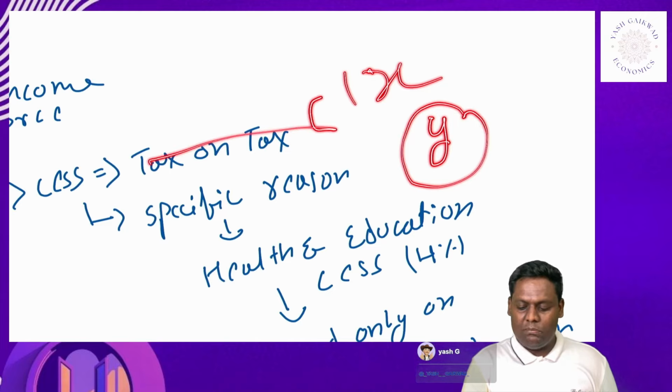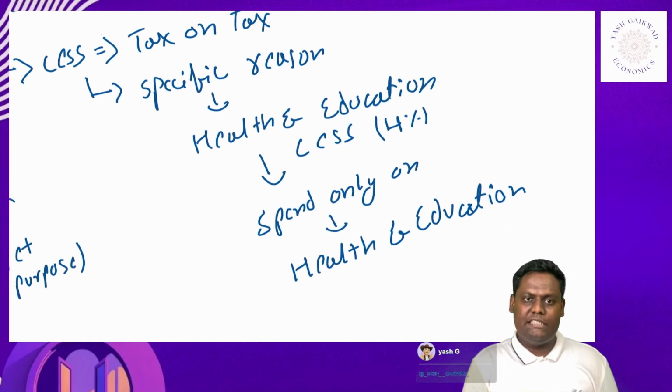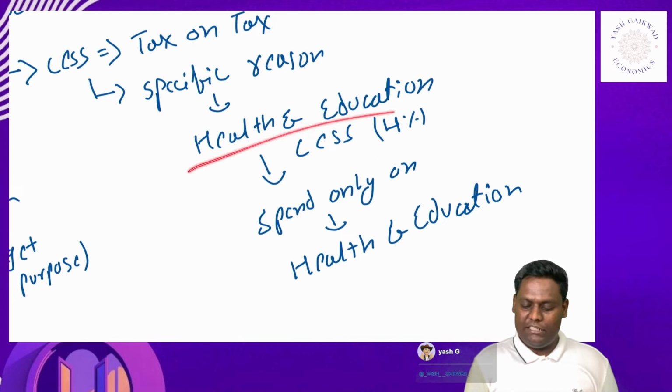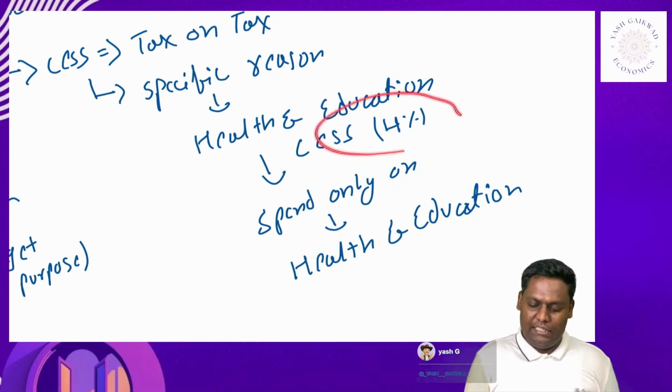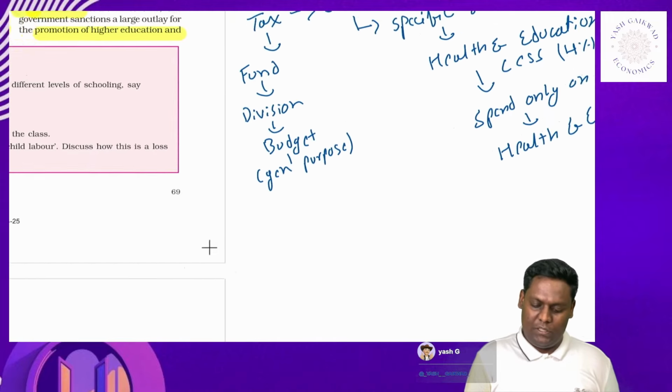A cess will not be charged on this X amount, rather it will be charged as a percentage on this Y amount. And this cess is for a specific reason, that is health and education. That means the money that is collected will only be spent on health or education purposes. Currently, the rate of this cess is at 4%.